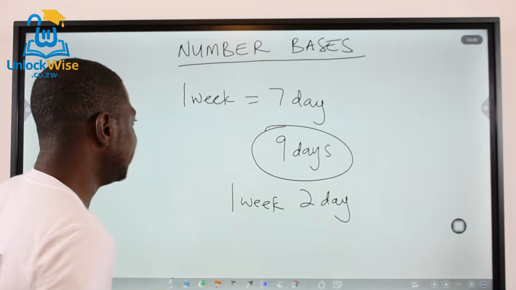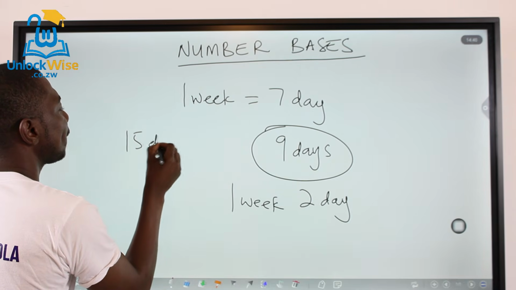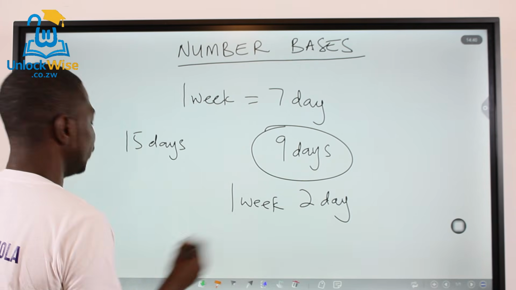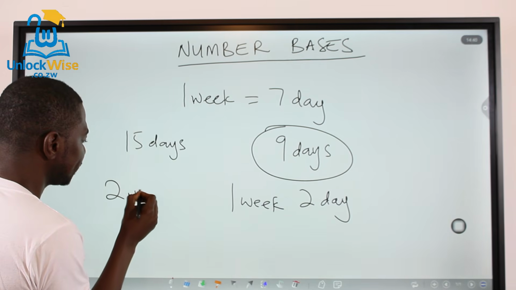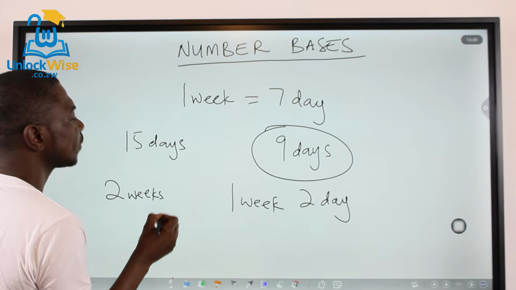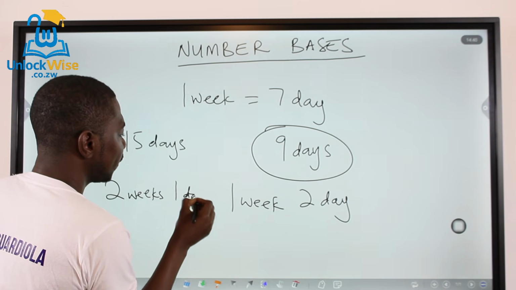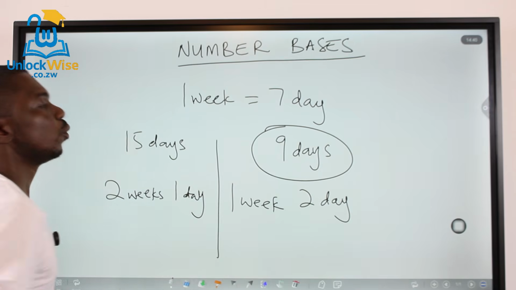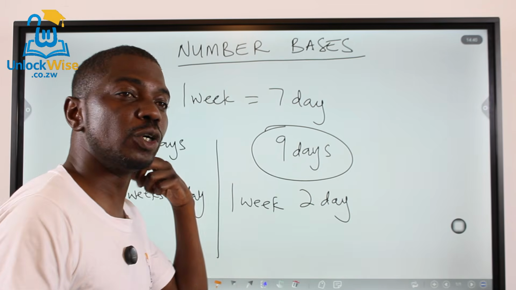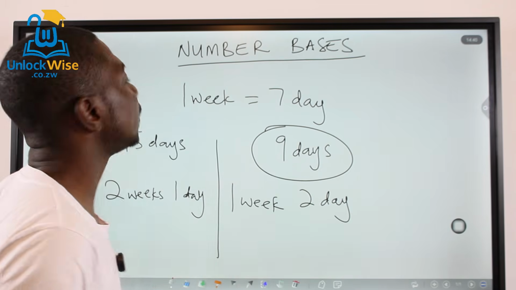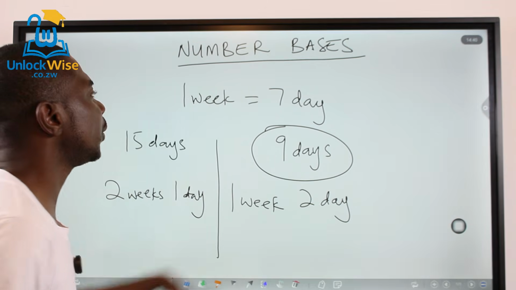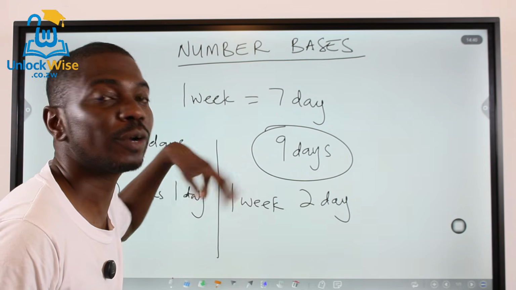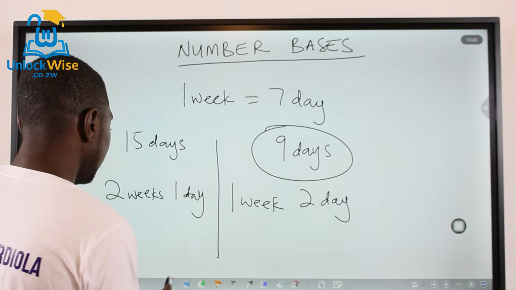If we get to 15, you say we have 2 weeks, 1 day. We should not exceed 7. We don't even need to use 7 in this space, right? When we reach 7 days, we just go a week, right? That's the same with number basis, right?